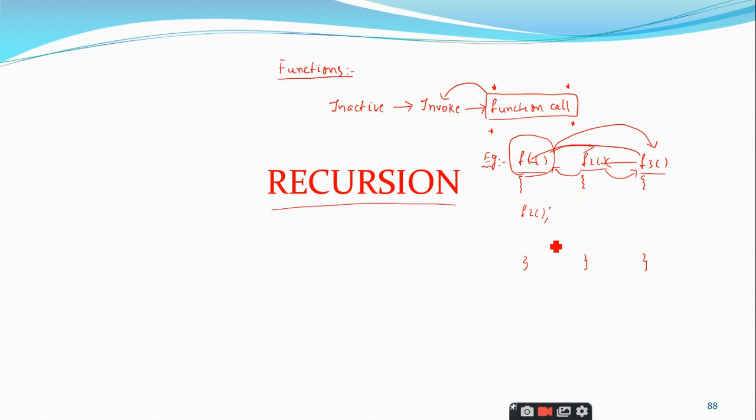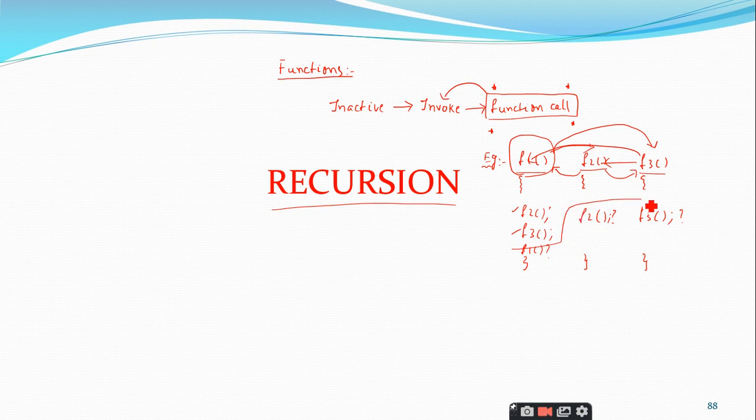Similarly, if f1 wants to call f3, it can call it with the name like this. So these are function call statements. We know everything. My question here is whether a function can call itself or not. That means f1, can it call itself like this or not? Similarly, f2, can it call itself? And f3, can the function f3 call itself or not? These are the questions we have.